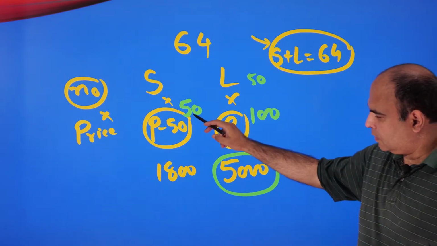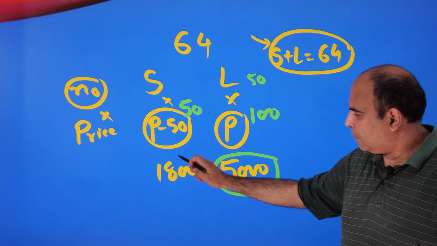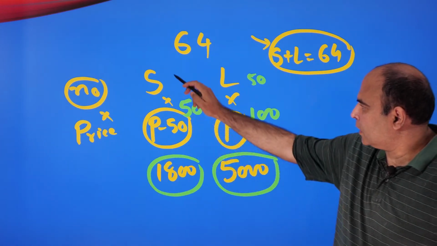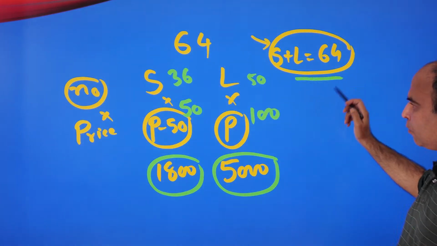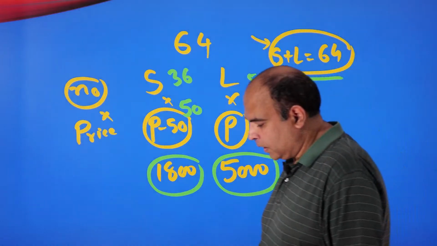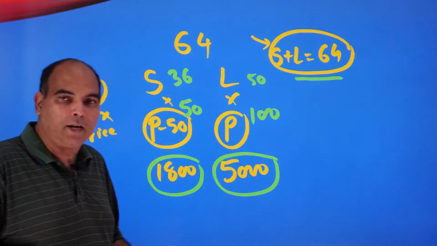And the price of the smaller shirt is 50, and my total cost is 1800, the number of shirts I get is 36. And this does not match that the total shirts I bought is 64. So this is why my first option gets rejected within 15 seconds of picking it up.